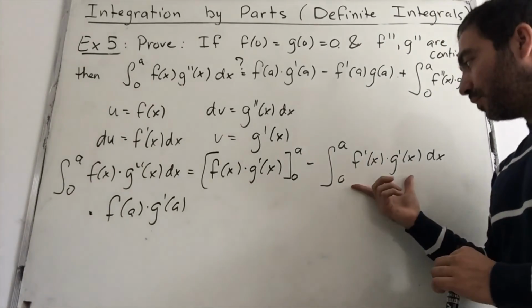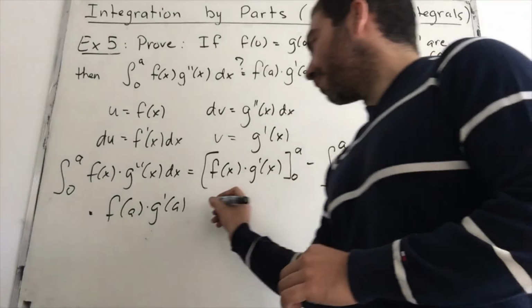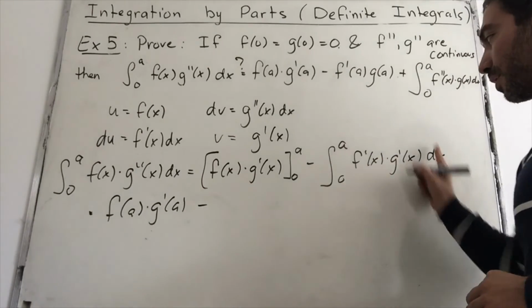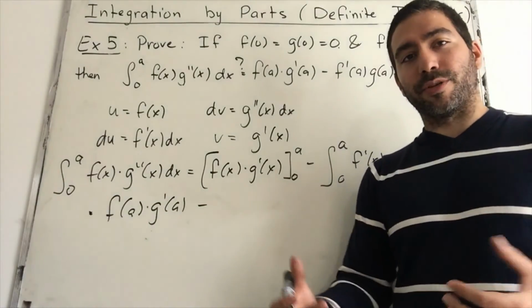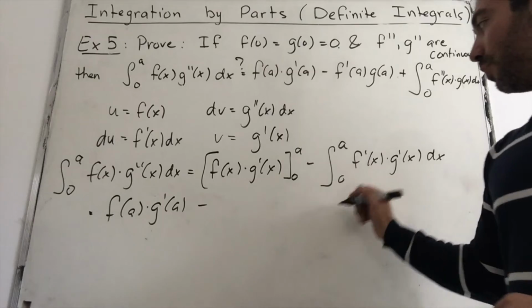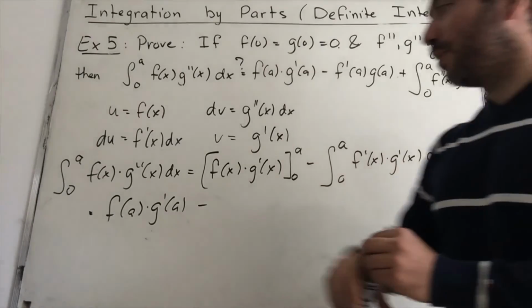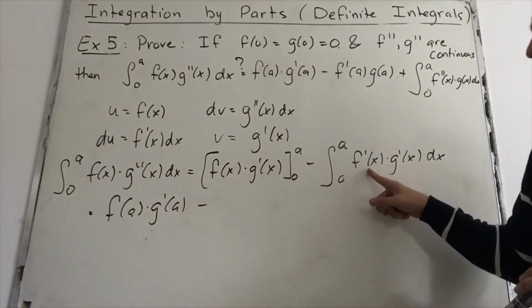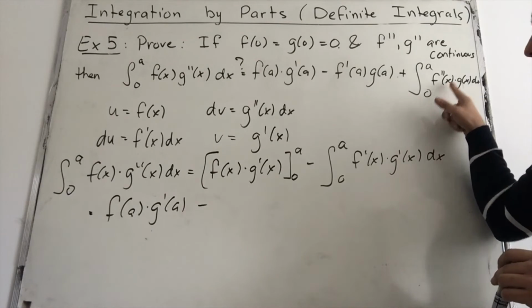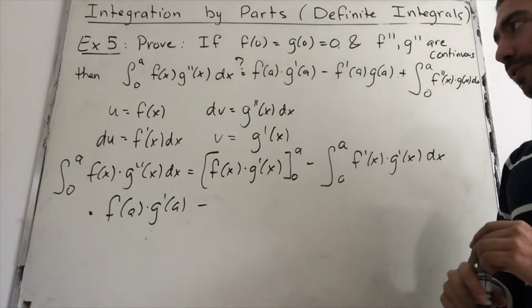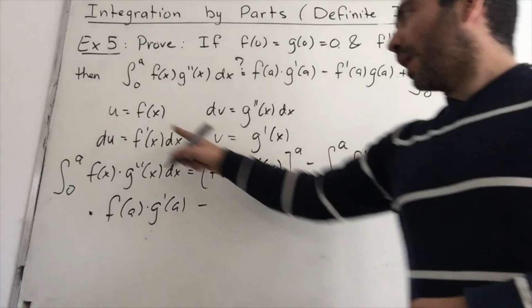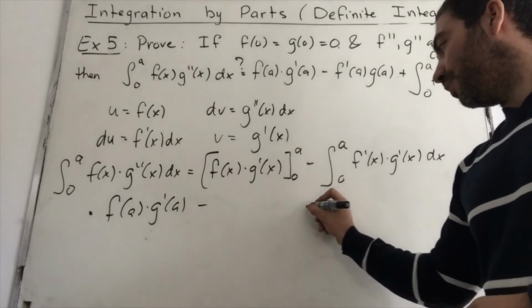Okay. Now we have to deal with this piece. We have a subtraction here in the front. But how do we deal with this piece? Well, this is a second integration by parts. Remember, we have f prime. We went from f, we transformed it to f prime, which is great because now we want f double prime. So let's use another integration by parts.